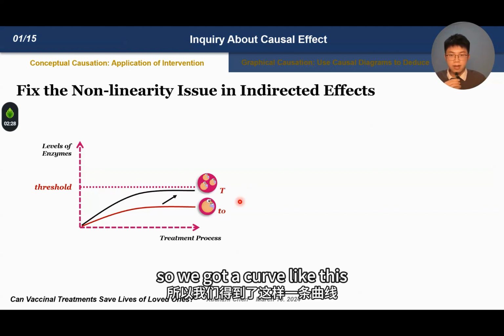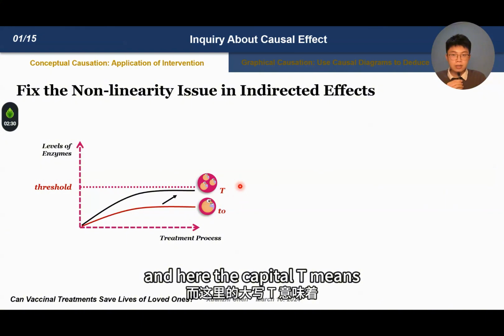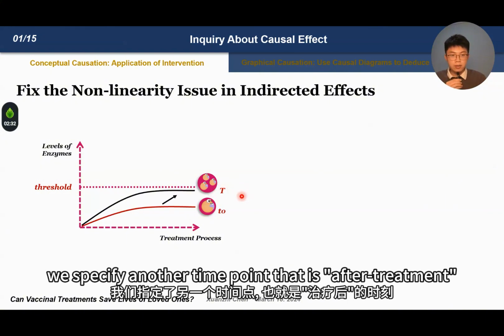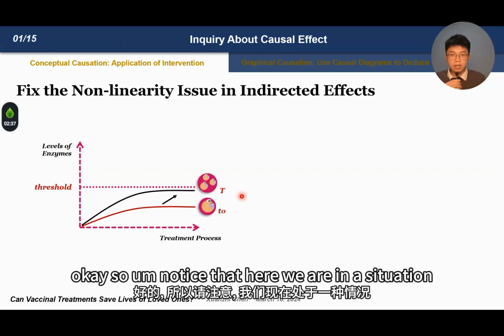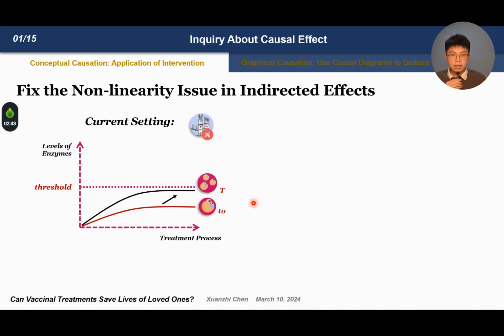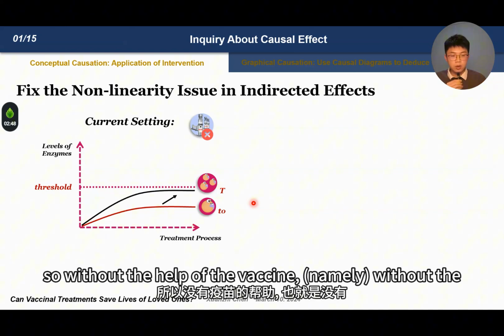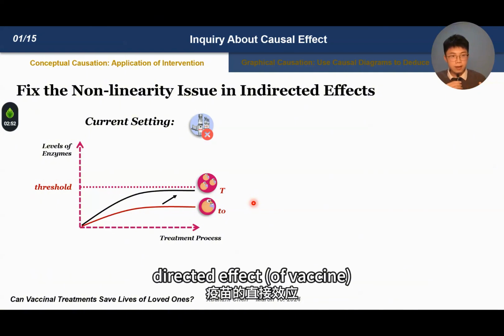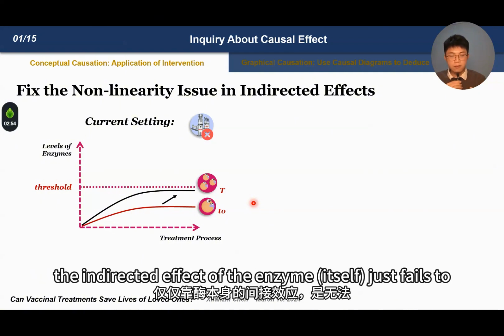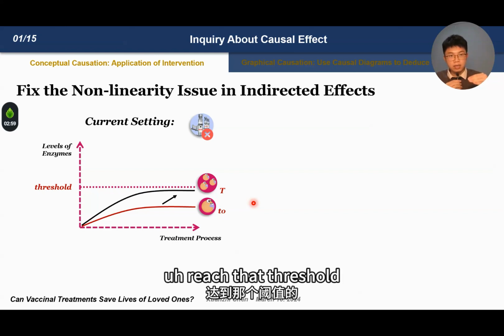So we got a curve like this. And here, the capital T means another time point that is after treatment. Notice that here we are in a situation where our grandpa didn't take the vaccine treatment. So without the help of the vaccine, without the direct effect, the indirect effect of the enzyme just fails to reach that threshold.